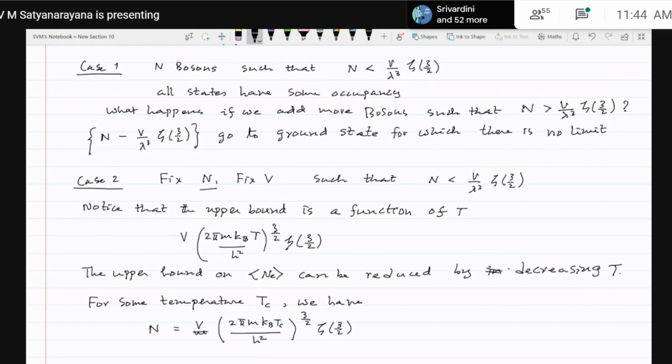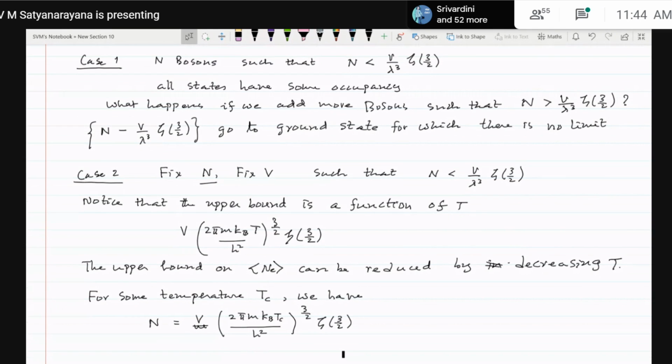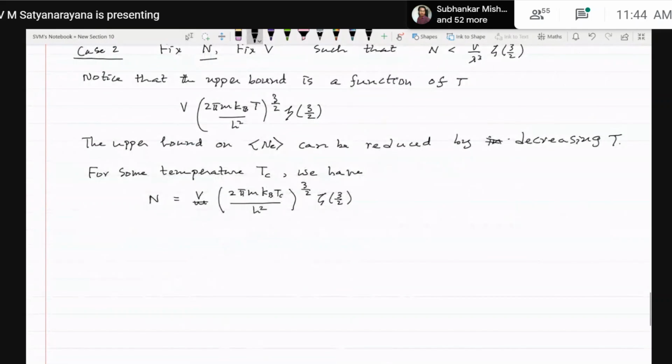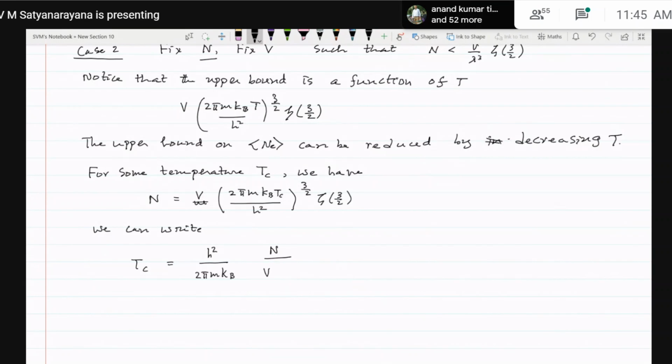We can invert this relation and write an expression for Tc: Tc is equal to h square divided by 2 pi m kB into (n divided by v into zeta of 3 by 2) to the power 2 by 3.